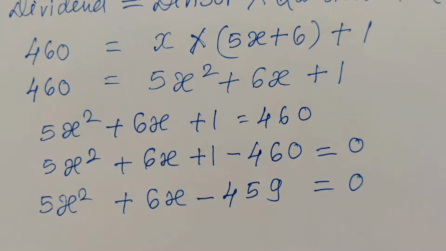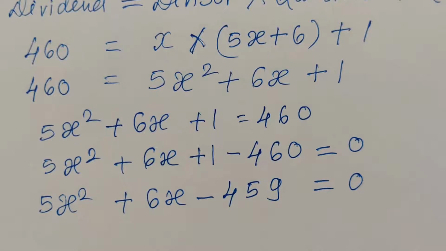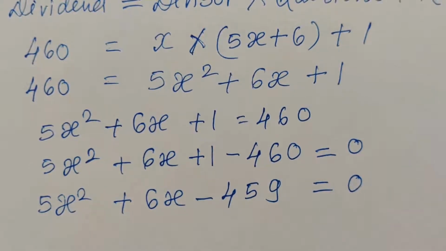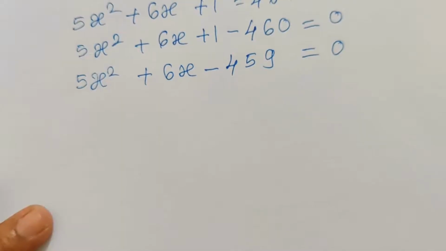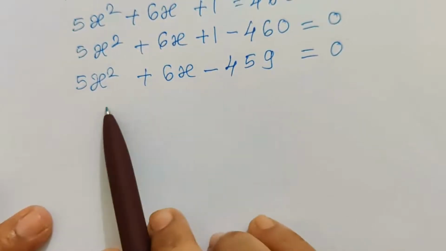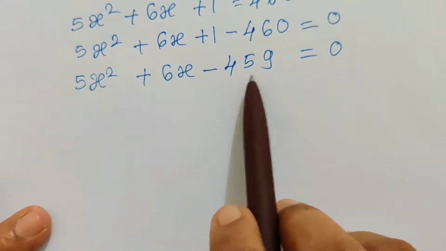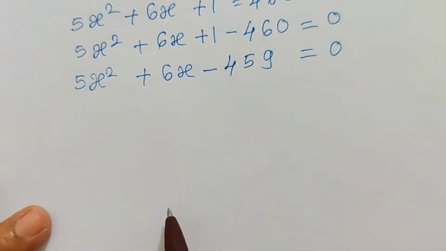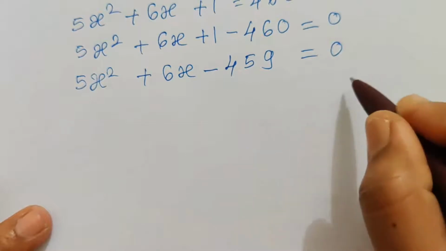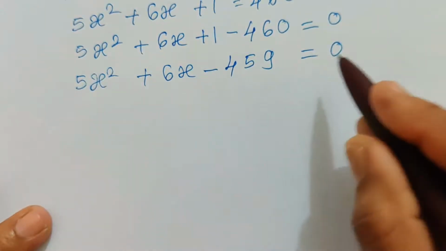Now try to write it in the form of factors. Here we have to find the factors of 5 multiplied by 459.